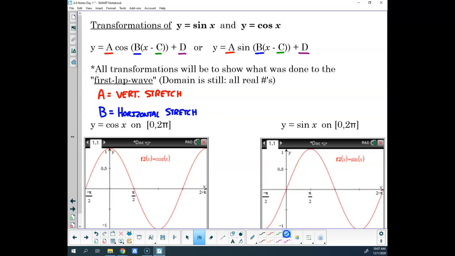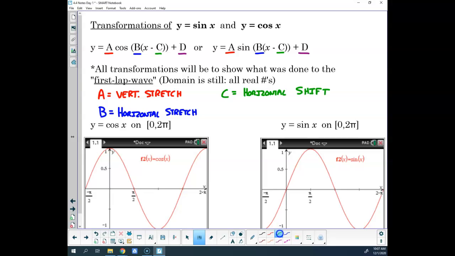That's what B does. C is our horizontal shift.